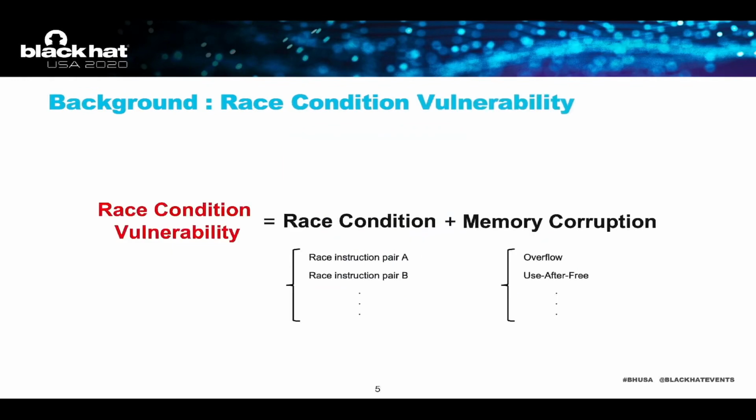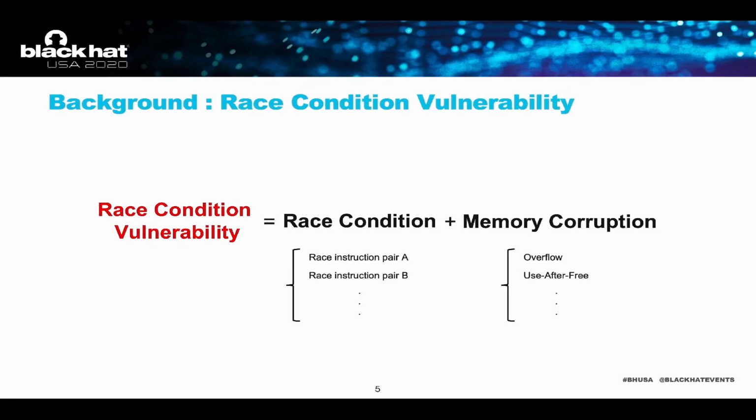But all race conditions are not necessarily vulnerabilities. In fact, such a situation casually happens in most producer-consumer threading patterns. A race condition is regarded as a vulnerability when it alters the control flow or the data flow and eventually results in a memory corruption.